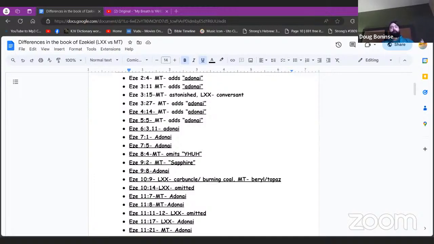The Dead Sea Scrolls never have Adonai. The Targums never seem to indicate Adonai in the Aramaic. So you have no proof that it even was a word before these Masoretes came around, mind you, 1,000 years after the Septuagint. So the problem I have with people saying this Greek word is the equivalent of the Hebrew word is, number one, this Greek text predates it by more than 1,000 years. So how would you even know that?